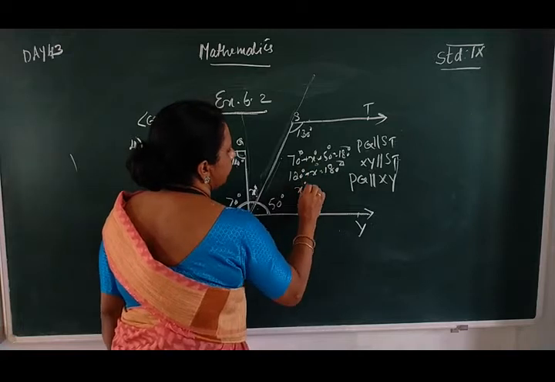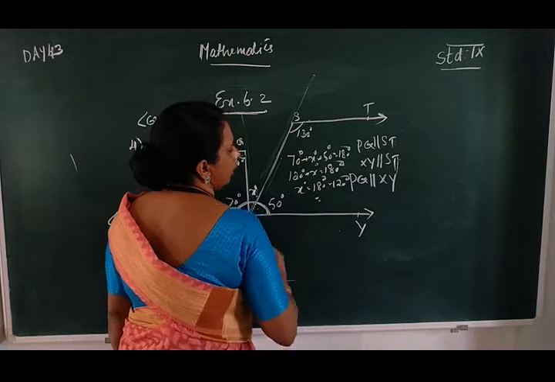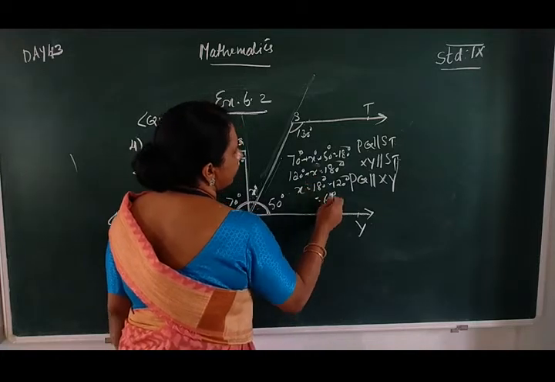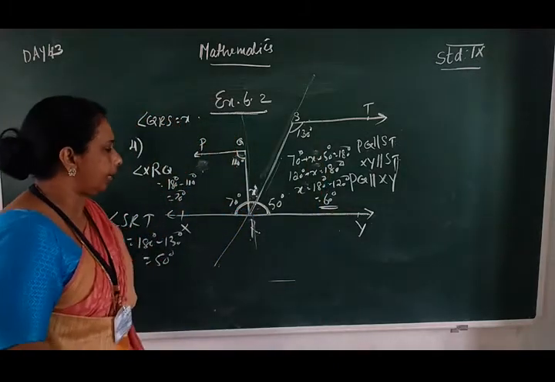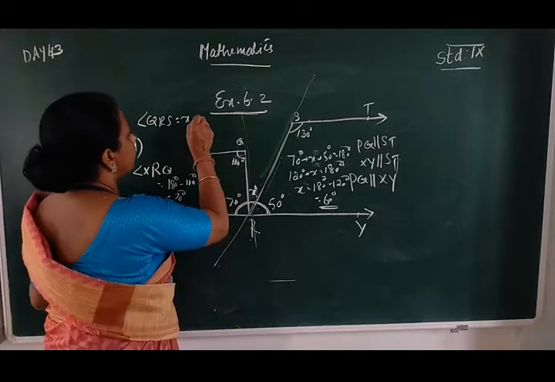Therefore x is equal to 180 minus 120, that's equal to 60 degrees. So angle QRS is equal to 60 degrees.